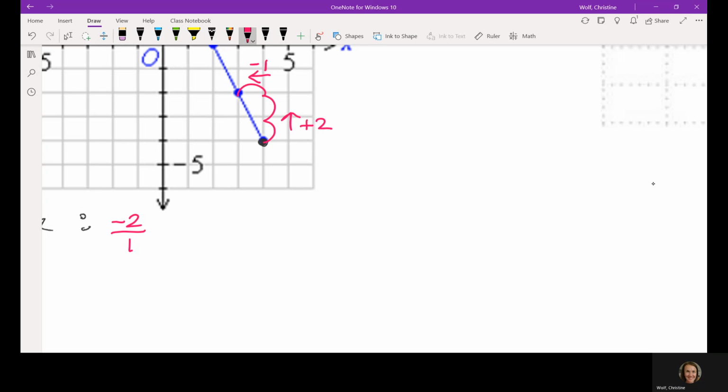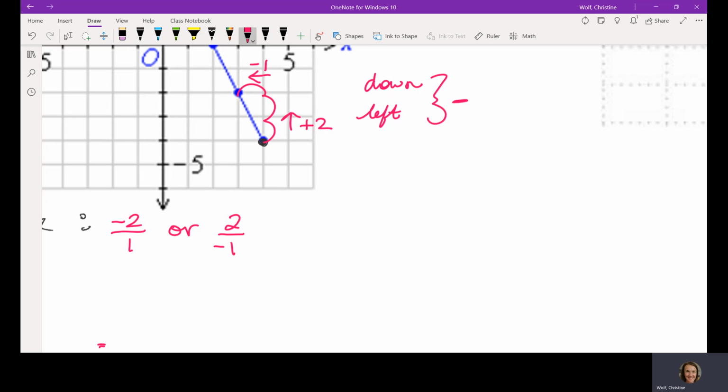So whenever you're going down or to the left, you're gonna put a negative in front of that number. So if we use these two numbers to create our slope, it's still rise over run. So my rise is positive 2, but my run is now the negative 1.